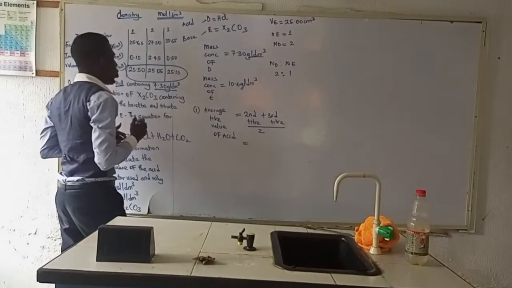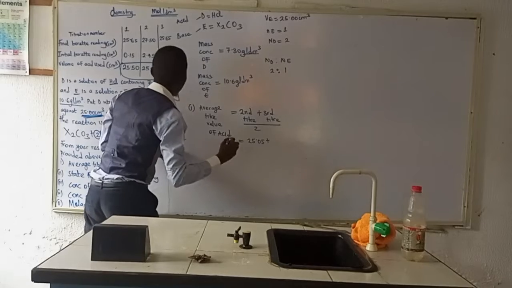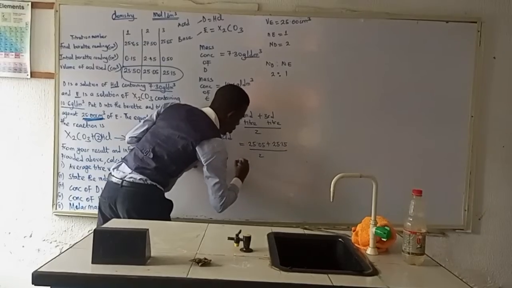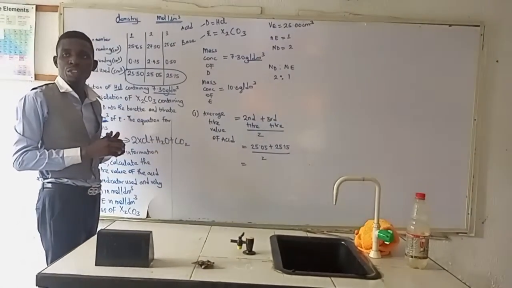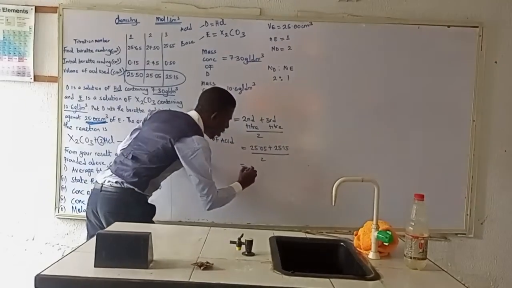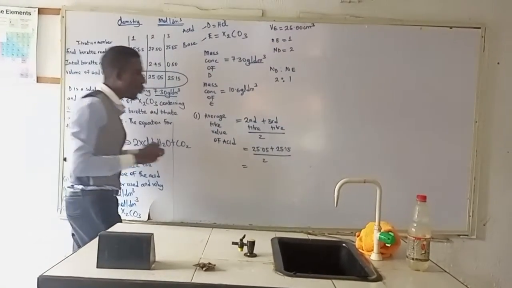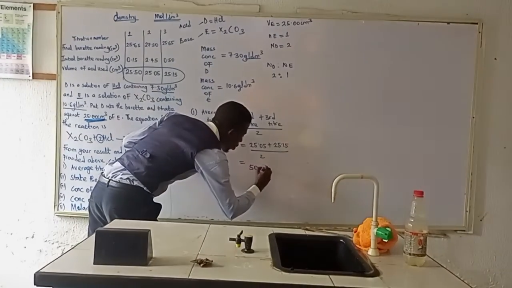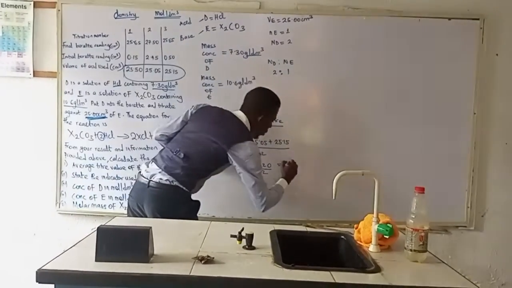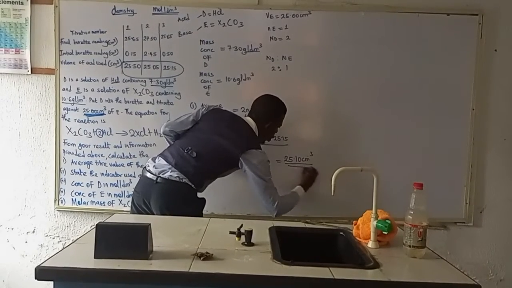My second titre is 25.05, and my third titre is 25.15, divided by 2. 25.05 plus 25.15 is 50.20. 50.20 divided by 2 is 25.10. The average titre value will now be 25.10 centimeter cube.